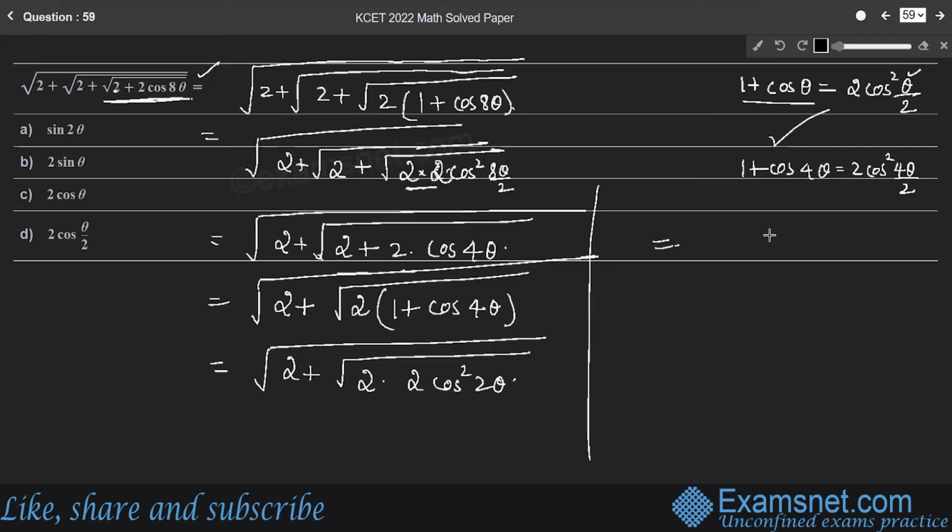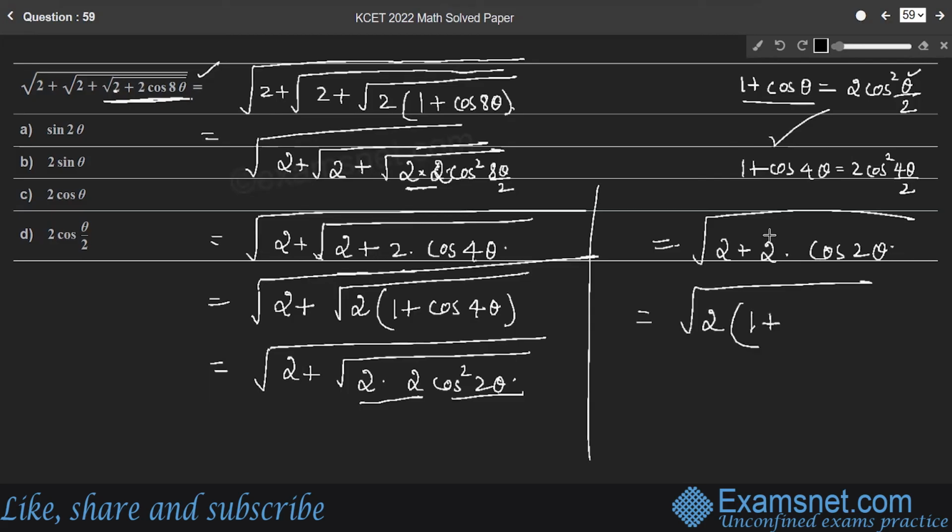Therefore, the given expression is equal to square root of 2 plus root of 2 into 2. So root of 4 is 2 into root of cos square 2 theta, which is cos 2 theta, right? In this square root also we can take out 2, so 1 plus cos 2 theta, again in the form of 1 plus cos theta.